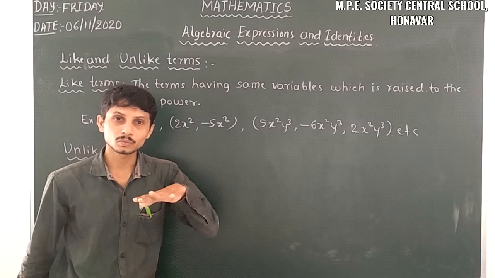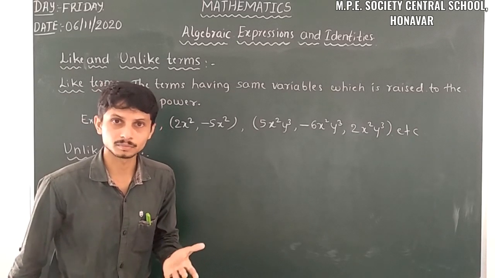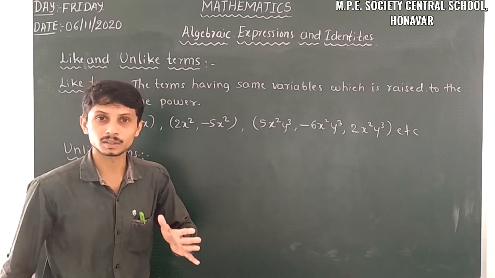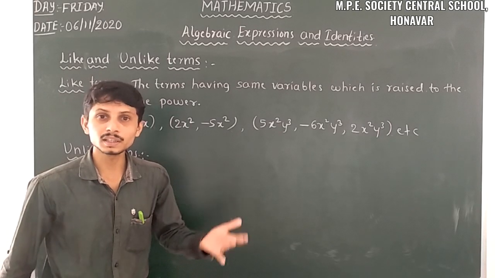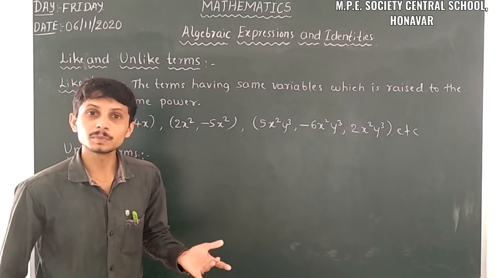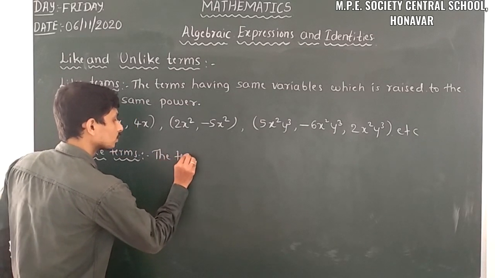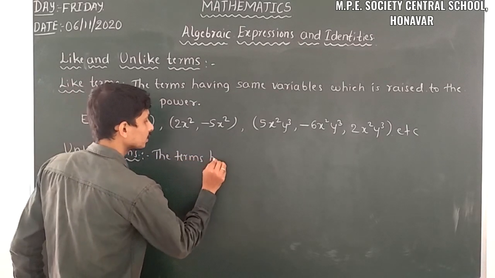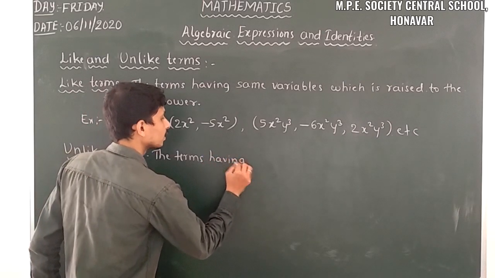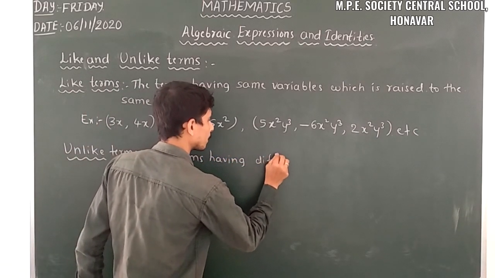So when we have unlike terms, the terms have different variables, with no similar variables here.